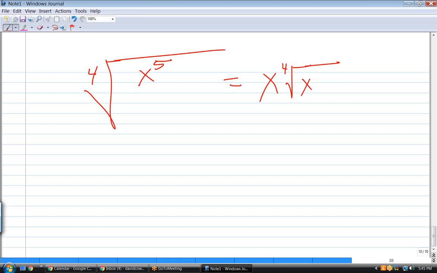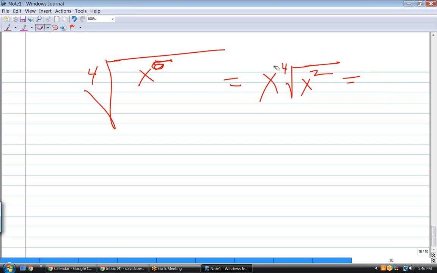I could also write the whole thing as x to the 5/4, but when you're pulling a variable out, you pull out whatever multiple. In other words, there's one multiple of 4 in there with 1 left over. If that was a 6, then that would be 2. Okay?